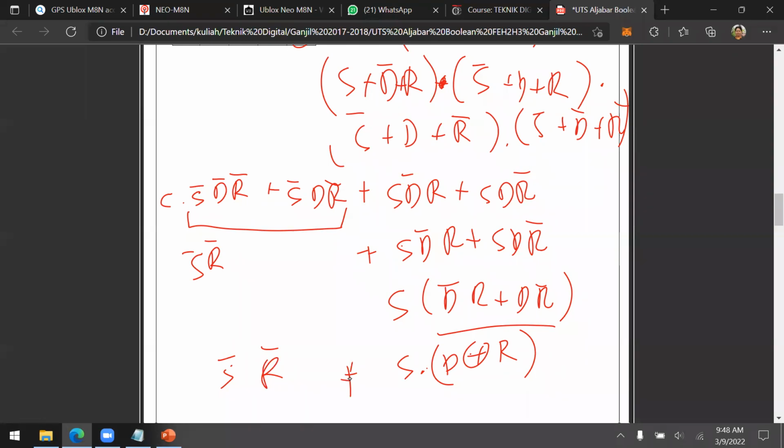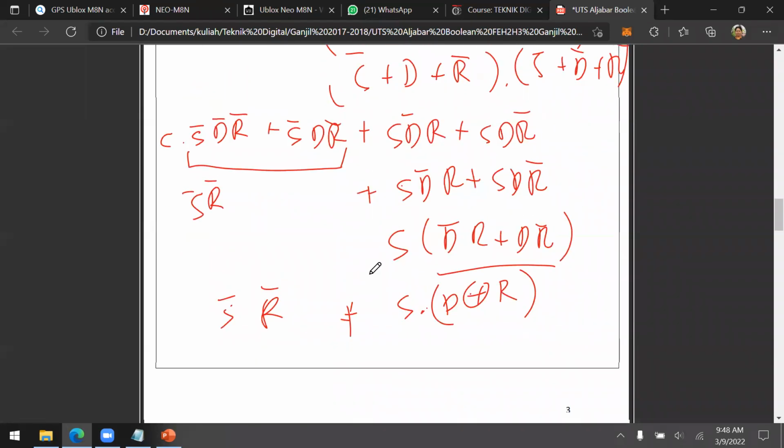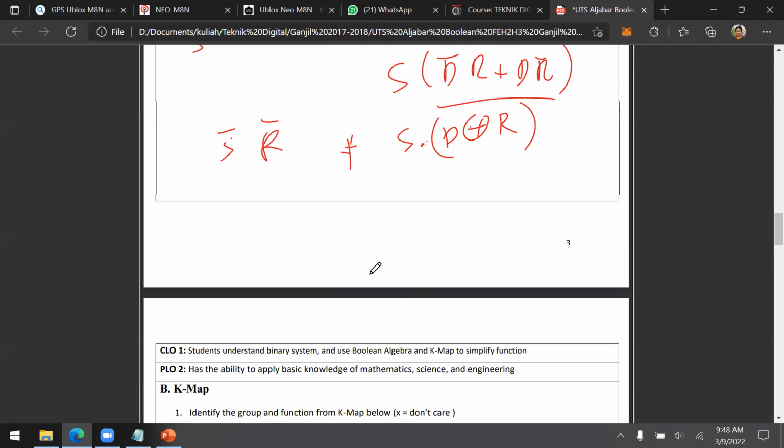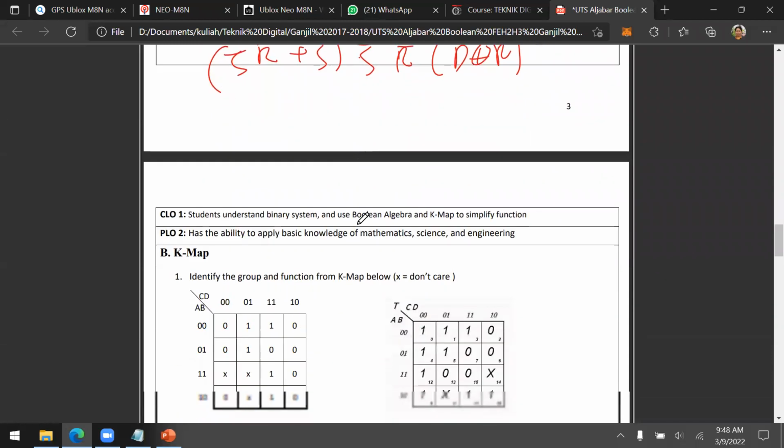And then you can use the distributive law. Well, it's quite long. Try to distribute by using S naught and R naught, and then S plus S naught R naught times S naught R naught plus D XOR R, etc. Okay, it's quite long. I think we need to skip this one.